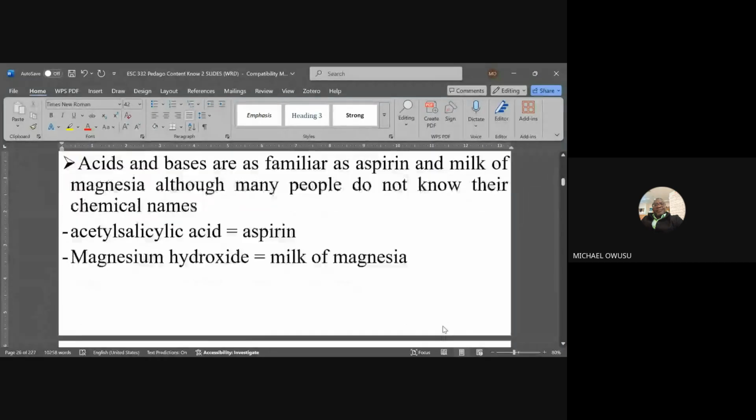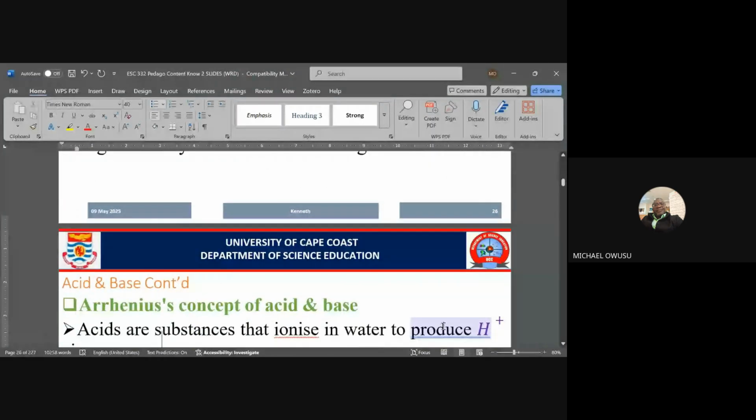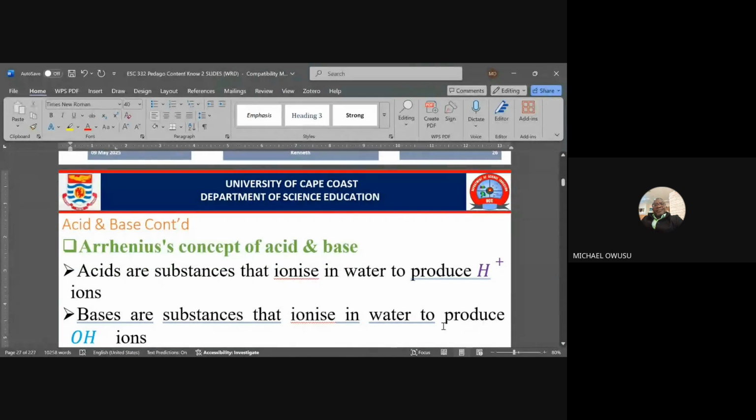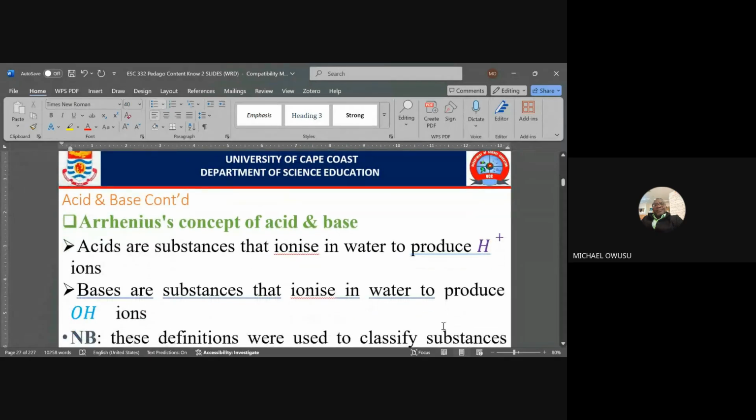Okay, right. So let's talk about the concept of acids and bases on the basis of Arrhenius. The Arrhenius concept of acid and base. We have Arrhenius, we have Lewis, and then we have Bronsted-Lowry.